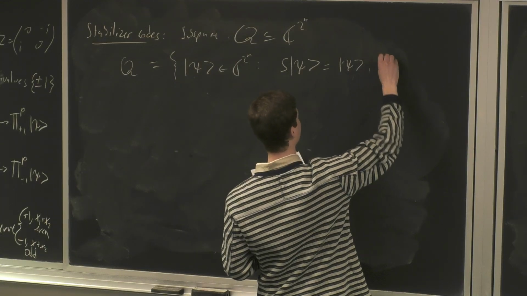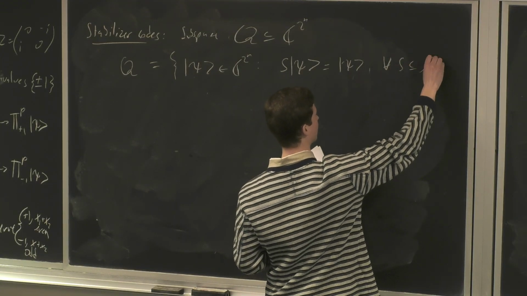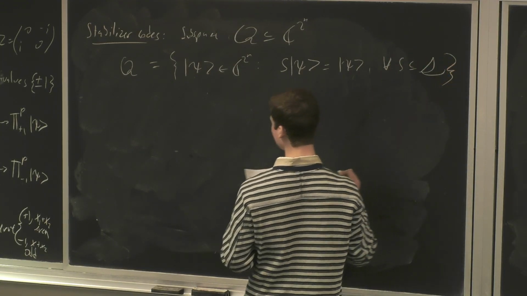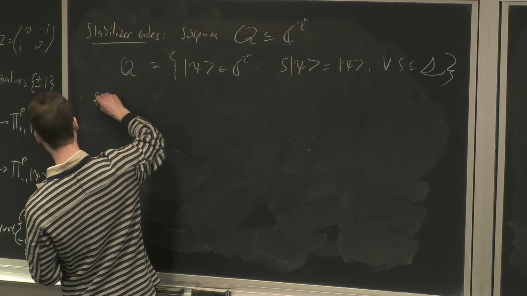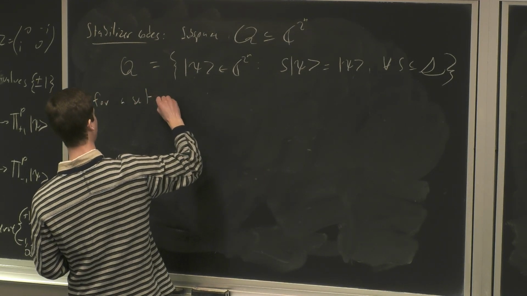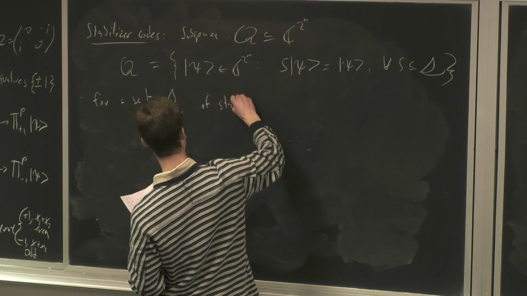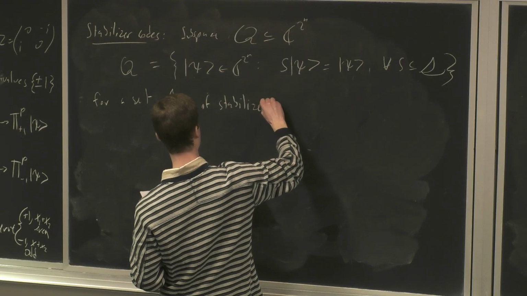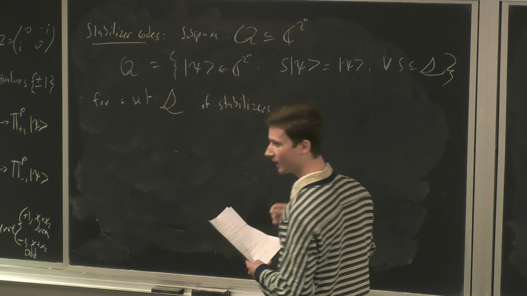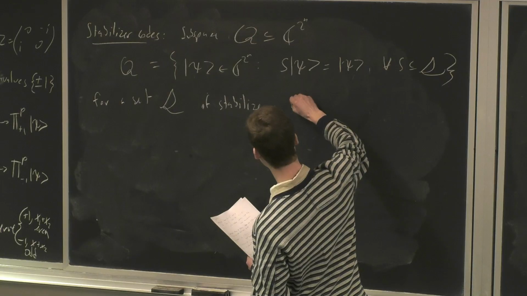So what that means is that we have some set, which I'll write here as script S. So we have a set script S of stabilizers, which is just any set of n qubit Paulis that are commuting.